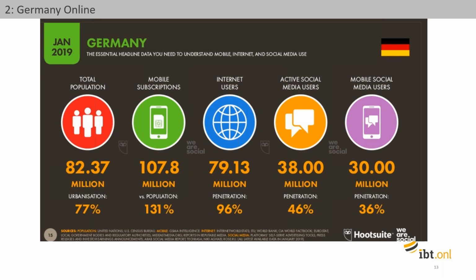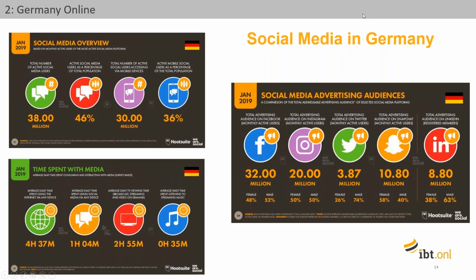So the only other feature we'd highlight at this point, which goes hand in hand with that, is the relatively low amount of time spent on the internet, just 4 hours. And here we'll show you a bit more on that. If we look at the time spent on the internet, it's 4 hours and 37 minutes. This is low. The EU average is over 6 hours, and for the USA it's about 6.5 hours.